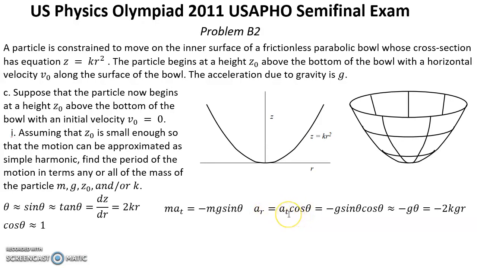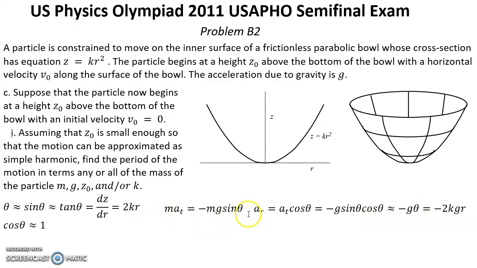For radial acceleration we have this equation. It's equal to tangential acceleration multiplied by cosine theta, which is negative g sine theta cosine theta. Because angles are very small, cosine is about 1 and sine theta is about theta, so finally we get negative g theta, but theta equals 2kr.